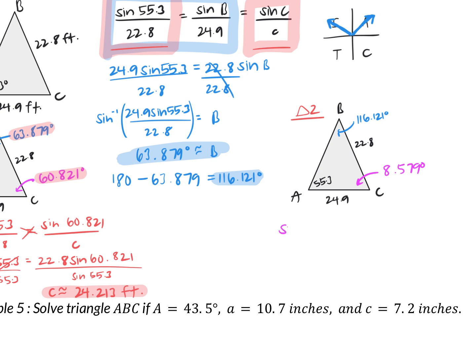So we've got sine 55.3 divided by 22.8 is equal to sine of 8.579, all divided by my lowercase c. We okay with that setup? And now we just got to cross multiply.